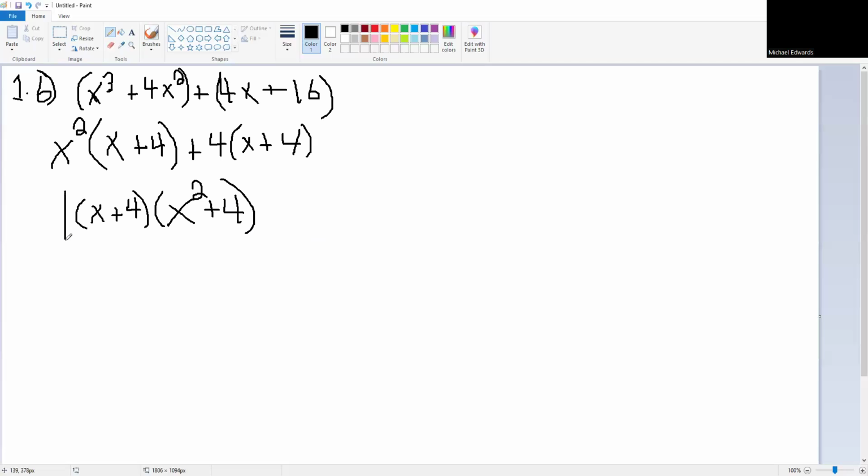So that is your factor after it's factored out. All right. So the second grouping is positive, and we knew it was positive here because there was no negative sign.